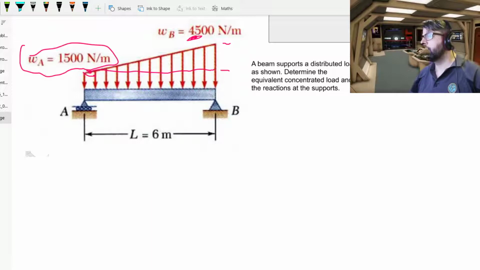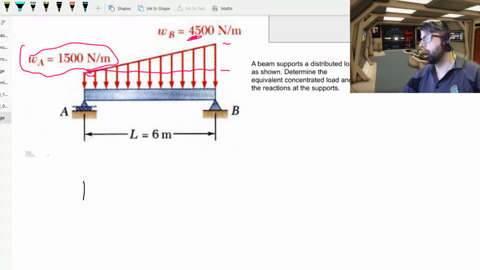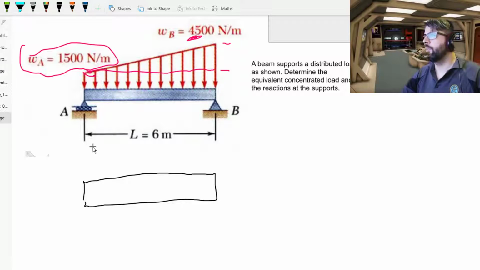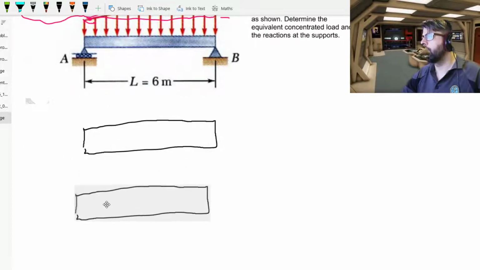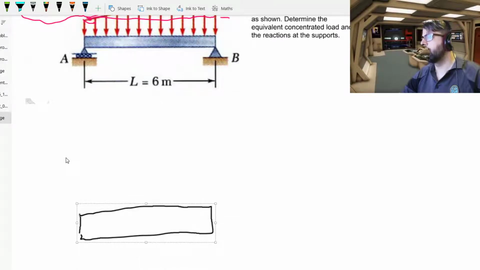So we'll just draw a quick free body diagram for this thing as well. Okay, so I'm gonna draw in here.